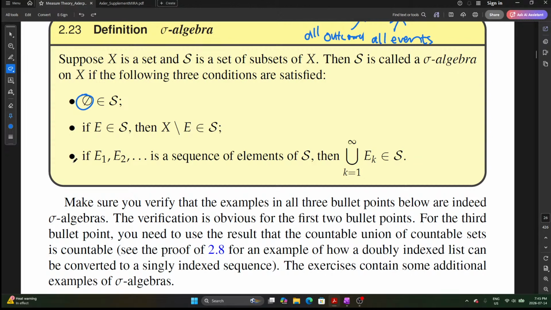Sigma algebra is just group definition with union as composition with set difference as inversion. Is that though? I mean, it's always a good... Thank you, George Pang from Hong Kong. So I don't think this quite works for group. Actually, I might be talking nonsense here. Let me just think.